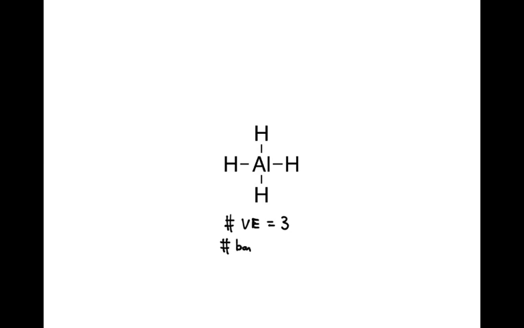We count that there are 4 bonds around aluminum, and we count that there are no lone pair electrons. So therefore, formal charge is equal to 3 minus 4 minus 0 gives -1 for aluminum.